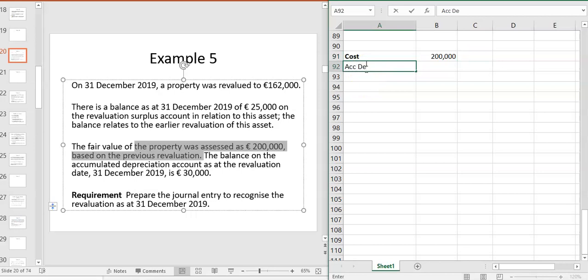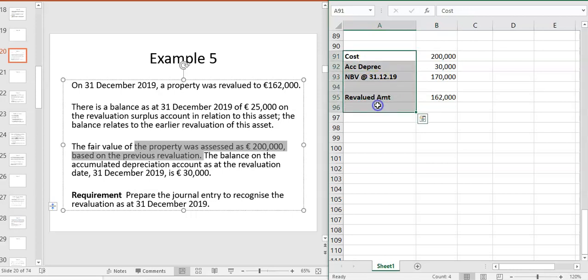The accumulated depreciation, in this case, is 30. So the net book value at the 31st of the 12th of 19 is 170. And we're saying here the revalued amount is 162. That's all the key information given in the question.